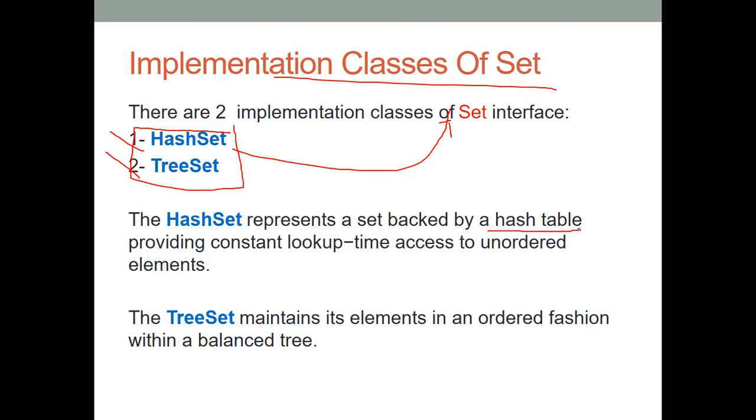It means that the internal work is done by a hash table in HashSet, providing constant lookup time access to unordered elements, so it does not preserve the order either. TreeSet maintains its elements in an ordered fashion with a balanced tree. So when you go for TreeSet, it maintains the data internally like a balanced tree. The balanced tree is one of its features.